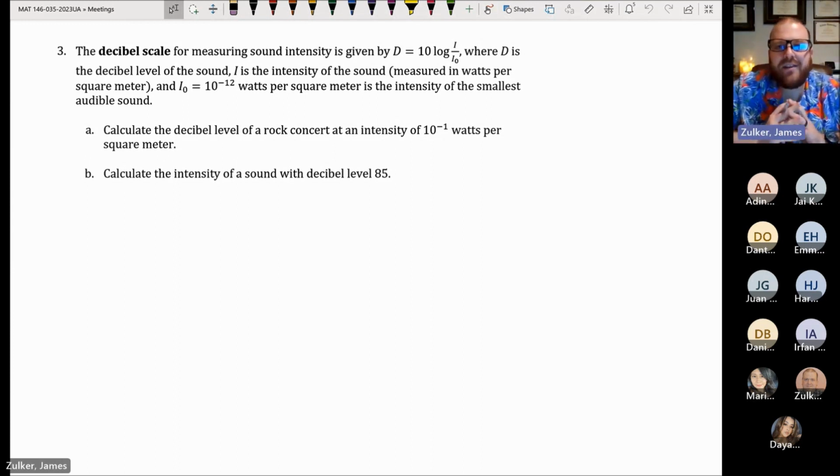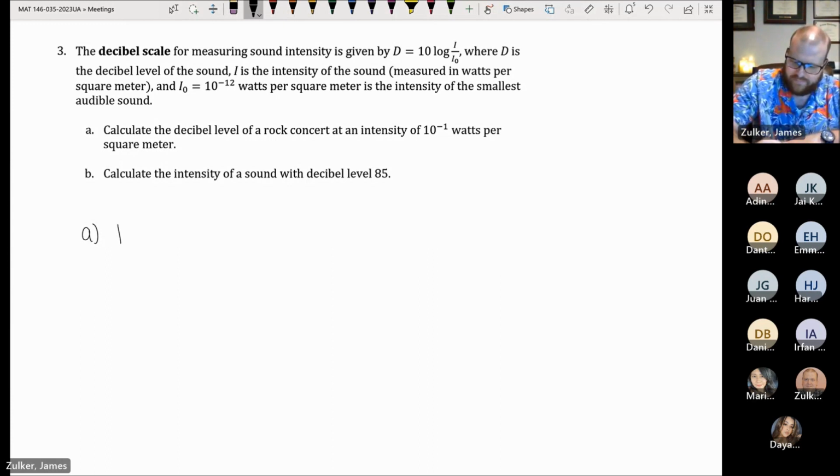First, we're asked to calculate the decibel level of a rock concert at an intensity of 10 to the minus 1 watts per square meter. Right?